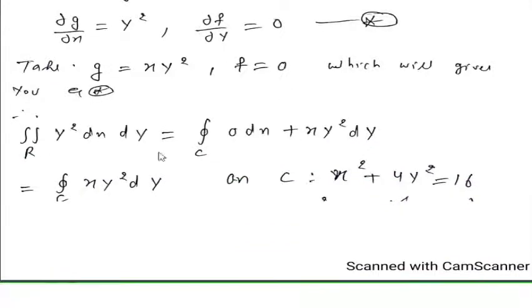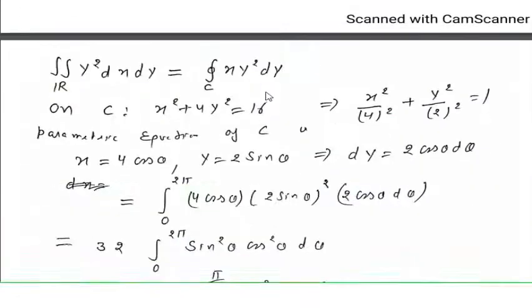Now this is the value of g, this is the value of f. It becomes x square y dy. The given curve is an ellipse. The standard parametric form of the ellipse is 4 cos theta and 2 sin theta. Whenever we have to solve a line integral, your first aim is to convert everything in terms of a single variable.